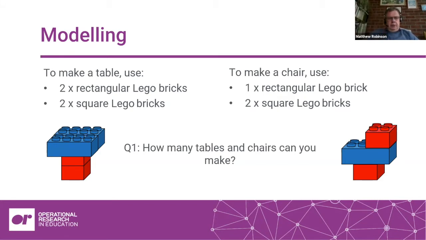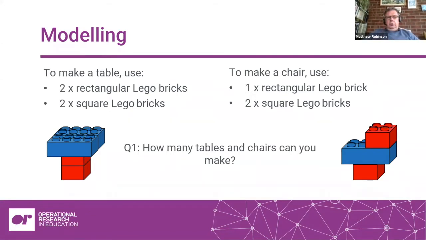Now, bearing in mind that I started off with 6 rectangular Lego bricks and 8 square ones. So I built 1 table and I built 1 chair, which therefore means I've got 3 rectangular pieces left and I've got 4 square.